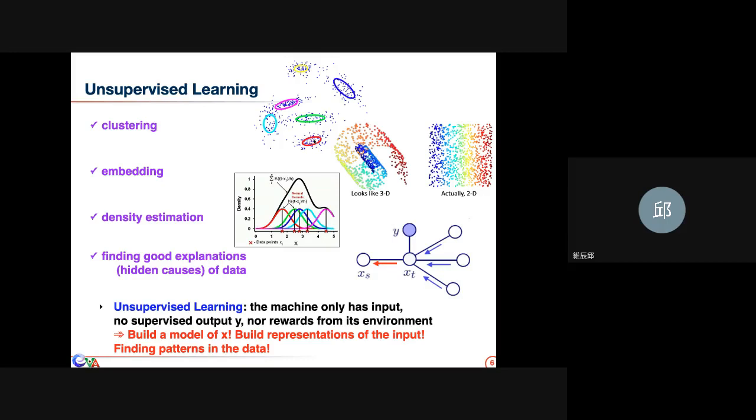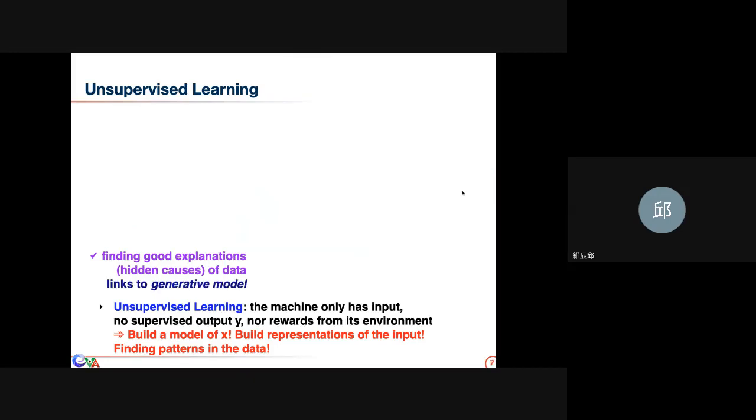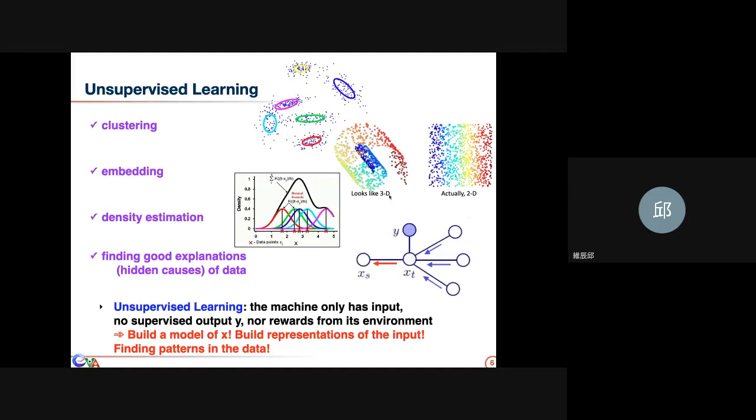The embedding can be explained by this simple example. Originally you have a three-dimensional data set, and those dots are your data points.